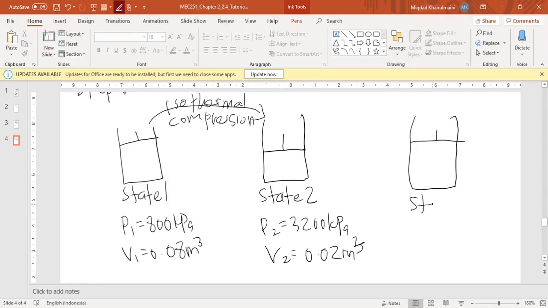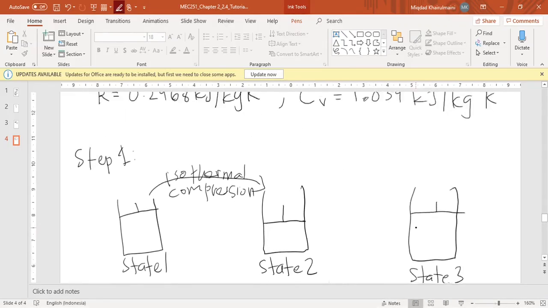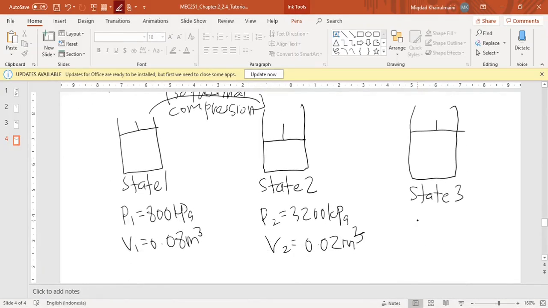So for state 3, polytropic process, the pressure is not known, we have to calculate the pressure. The volume, however, we know is equal to the initial volume. So V3 equals V1, which is equal to 0.08 meter cube.